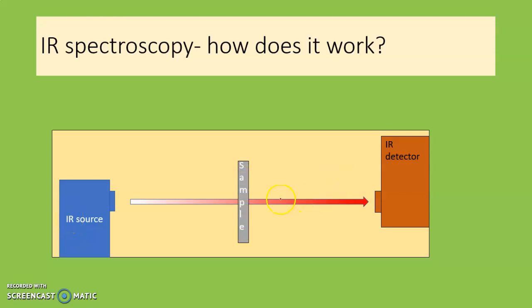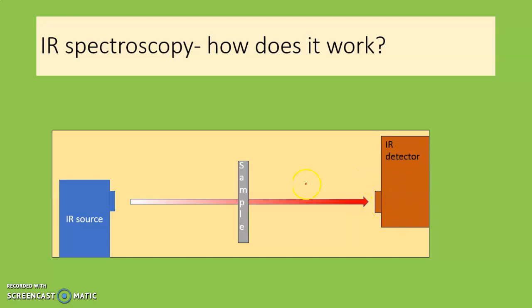However, if you place a sample in between, the sample contains molecules, the molecules contain bonds, and the bonds will absorb a characteristic wavelength from that infrared radiation source. Because that wavelength is now absorbed, it will be missing from the radiation that reaches the detector.